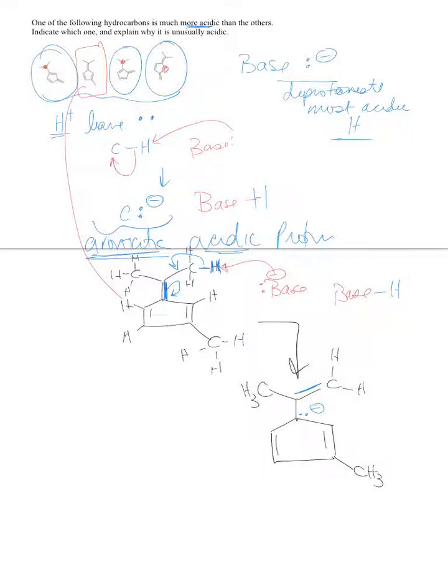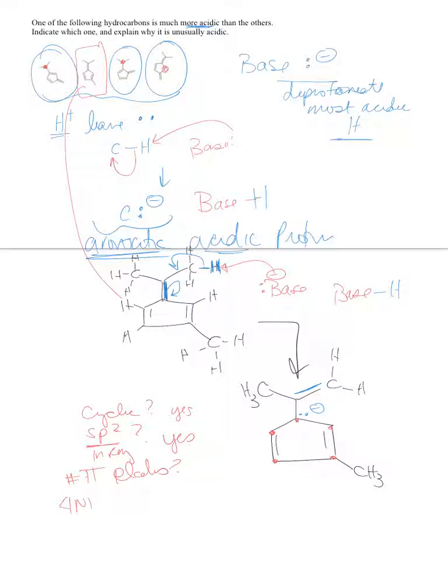Now, let's check this system out to make sure it's aromatic. Is it cyclic? Yes. Is every atom sp2 in the ring? One, that's an sp2, that's an sp2, sp2, sp2, sp2. Yes. Okay, so now, what's the number of pi electrons? It's got to do Huckel's rule.